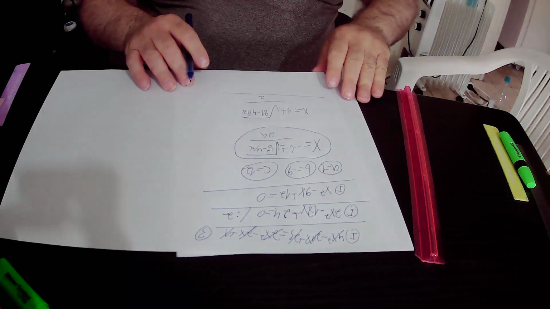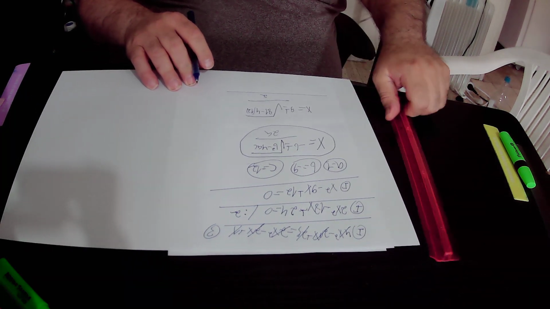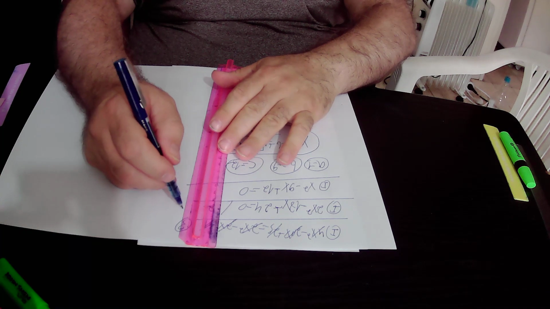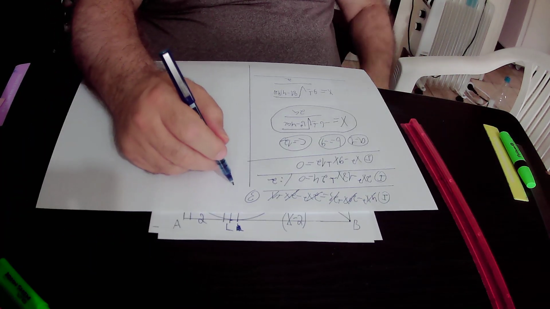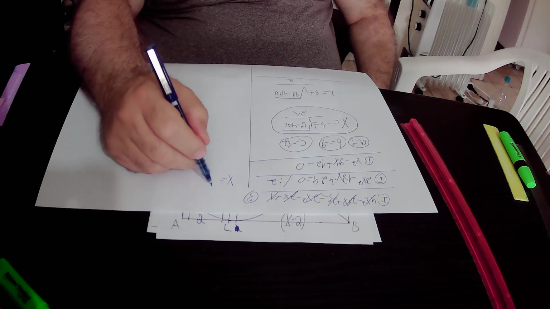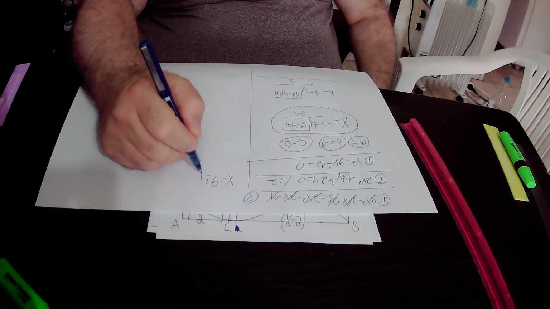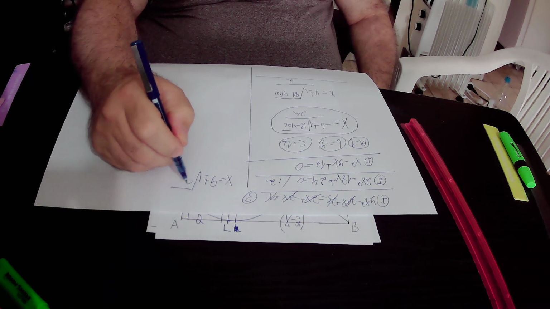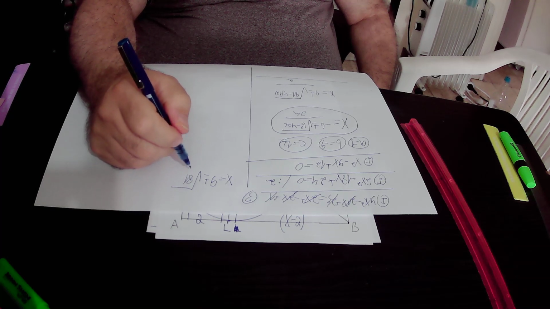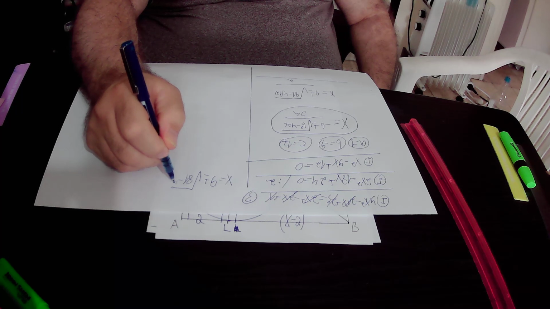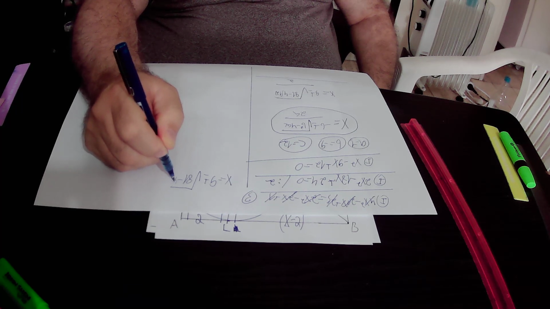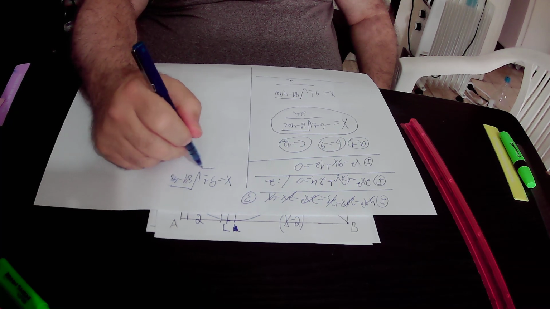So here x equals 9 plus or minus the square root of 81 minus 4 times 12, which is 48, over 2.